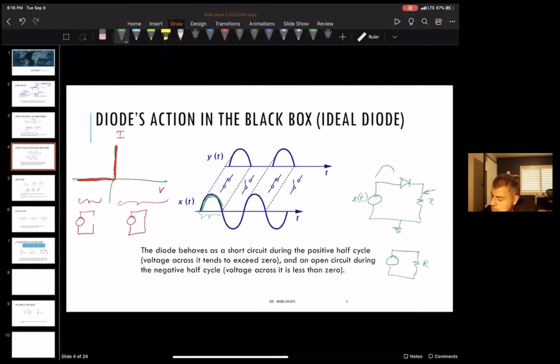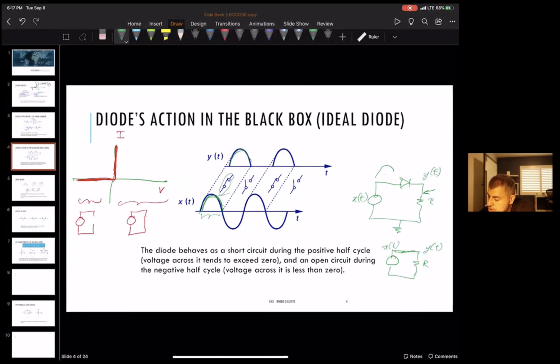The output y of t just looks like the voltage, there's no resistance. Since there's no resistance here, this voltage x of t just shows up at y of t. It's exactly the same over here. So the diode is acting as a short.